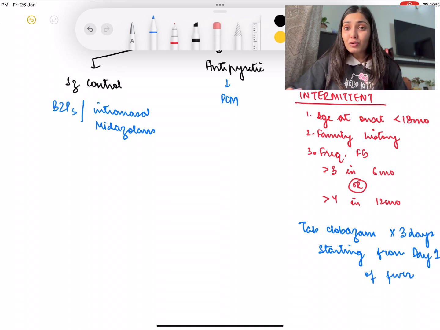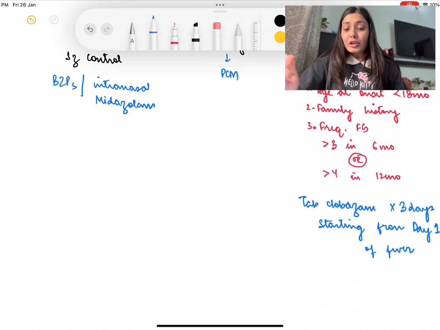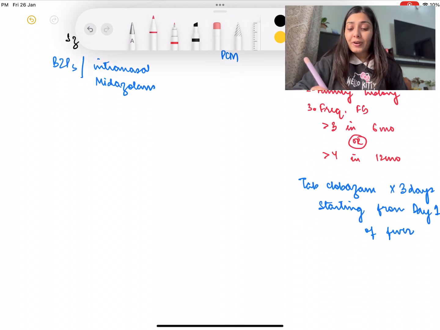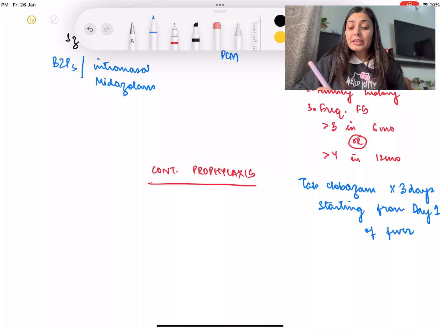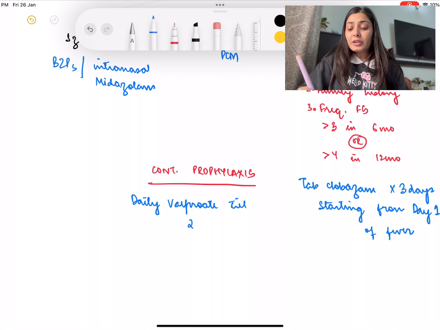So this covers intermittent prophylaxis. Now coming to the continuous prophylaxis. In continuous prophylaxis, I will give daily antiepileptic therapy. We give daily valproate till 2 years of seizure-free period.